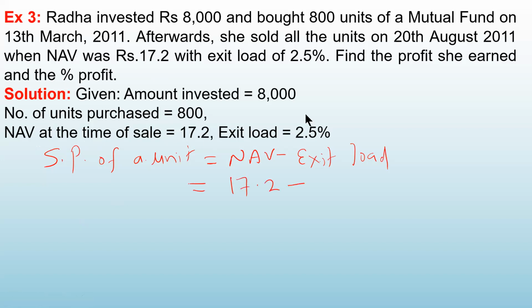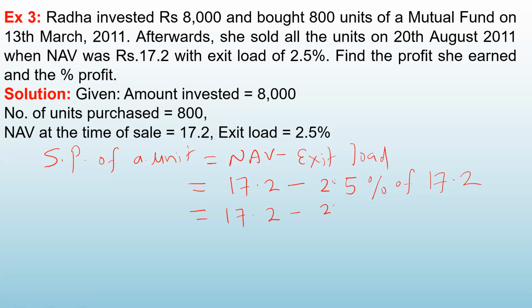What is the exit load? 2.5%. So exit load is 2.5% of what? Of 17.2. Again and again, I'm telling you, a common mistake which students make: they don't write 2.5%. They just write 2.5. So 17.2 minus 2.5, that is wrong. The exit load is not 2.5. It is 2.5% of 17.2. So always remember this.